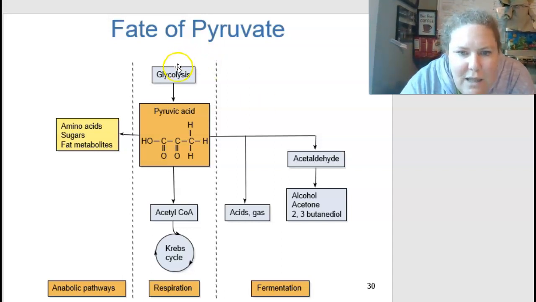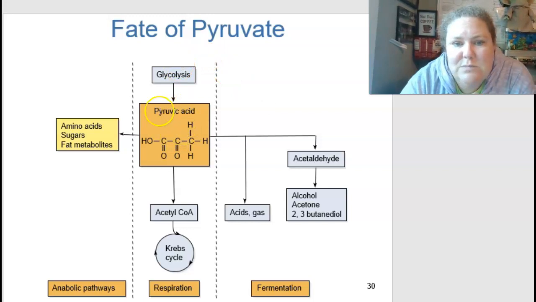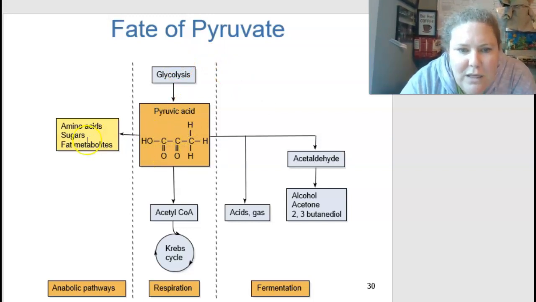Basically, glycolysis produces pyruvate, and if we have extra pyruvate, we can store it as amino acids, as sugars, or as fat metabolites. Or it can be converted into acetyl-CoA, which then goes into the Krebs cycle and down into the electron transport chain through cellular respiration.